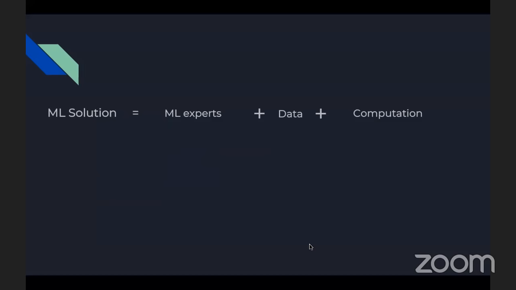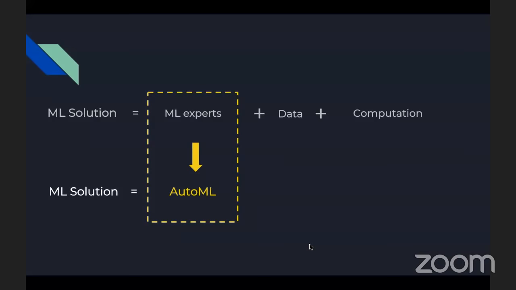So if the bottleneck is the machine learning experts, let's review this formula and see how we could change it a little bit to make machine learning more scalable, rather than bottlenecked by humans. Firstly, could we materialize some of the best machine learning expertise into an algorithm and make it as automatic as possible, which we call AutoML, plus the same data.